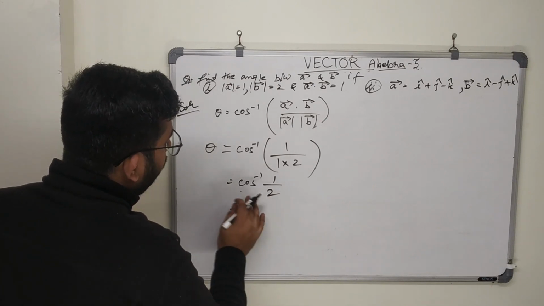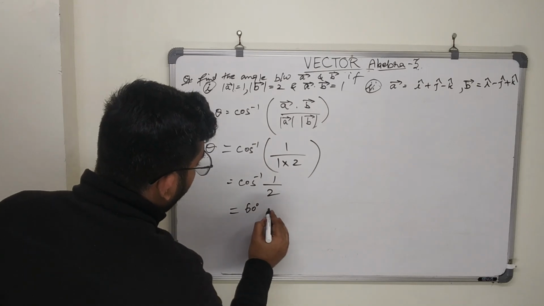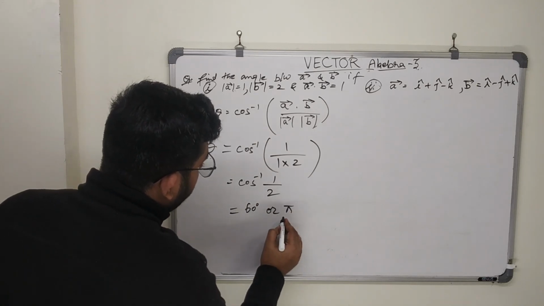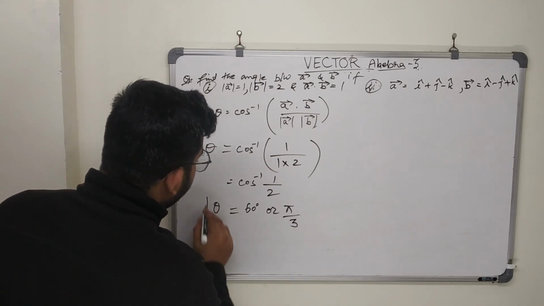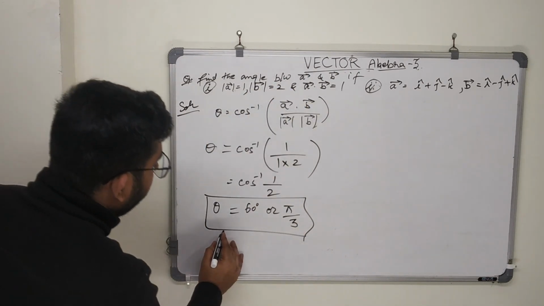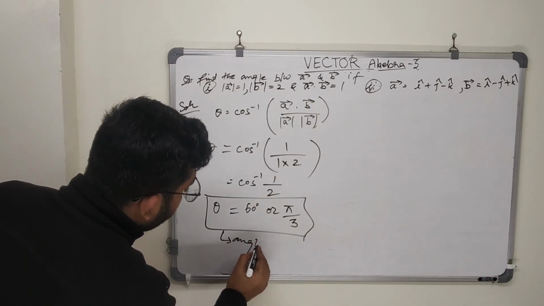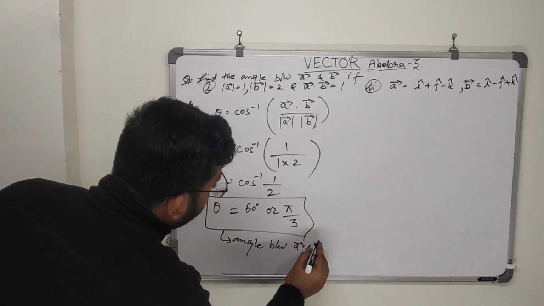What is cos inverse of 1 upon 2? This is equal to 60 degrees, or you may call it pi by 3. So this is the angle theta asked in the question, the angle between a vector and b vector.